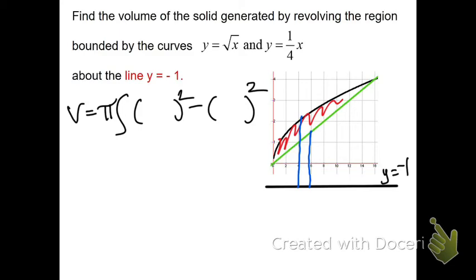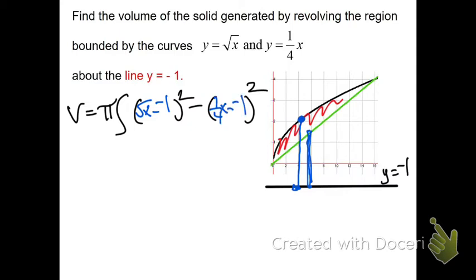All right, what is big R? Subtract the 2 equations from here to here, and that's your big R. So it's the square root of x minus -1, okay? Which of course you'll turn into a +1. Little r would be from here to here, which is 1/4 x minus -1.